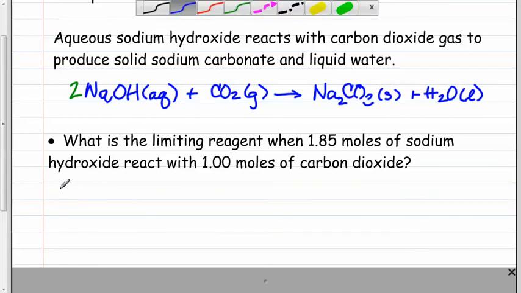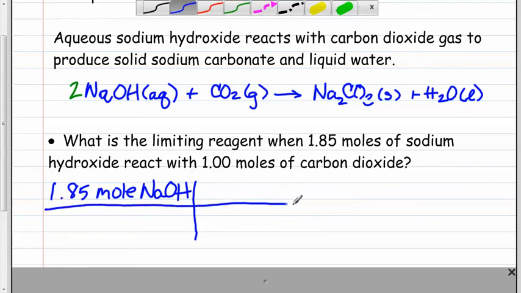If we have, and you can start with either one of these amounts given, it doesn't really matter. It'll work out the same either way. If I have 1.85 moles of sodium hydroxide, I'm just going to take a conversion factor here and compare it to my carbon dioxide.